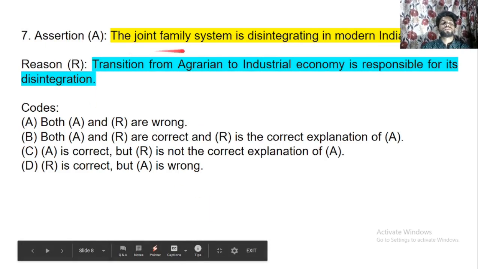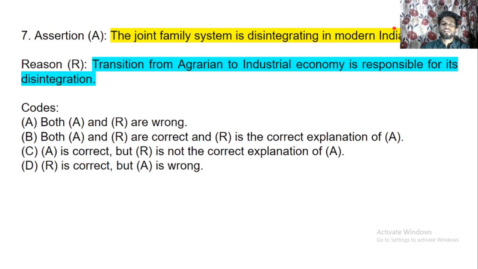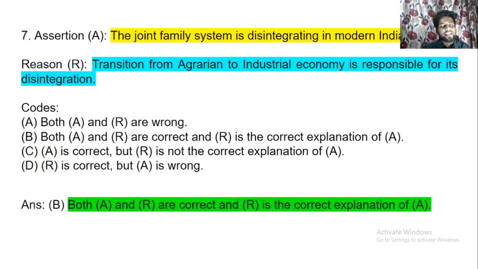Now next question: the joint family system is disintegrating in modern India. Yes, the joint family system is dividing in modern India, and transition from an agrarian to an industrial economy is responsible for disintegration. Yes, both are correct and R is the correct explanation of A, because joint family nowadays is dividing.